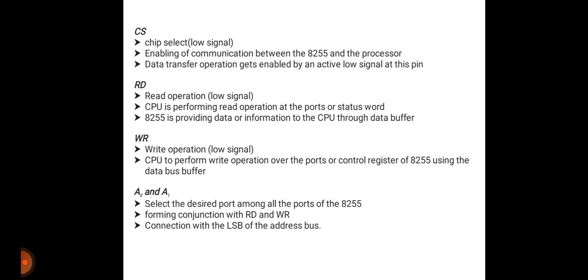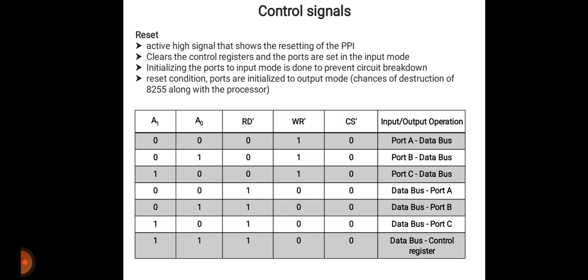This is all about the pins. So we will see the operation of the control signals. Then the last pin is the reset pin. The reset pin is an active high signal, and it shows the resetting of the PPI. A high signal at this pin clears the control registers and the ports are set in input mode.